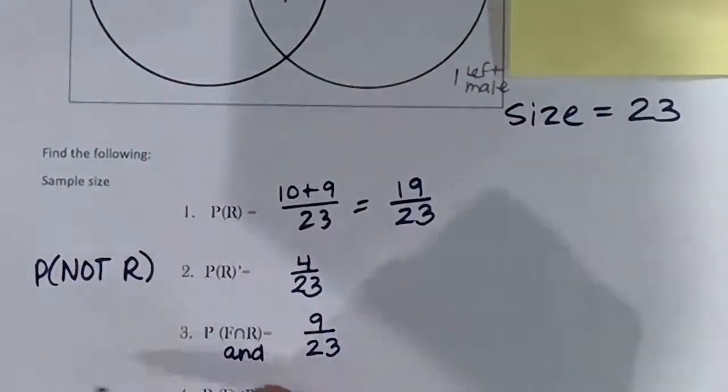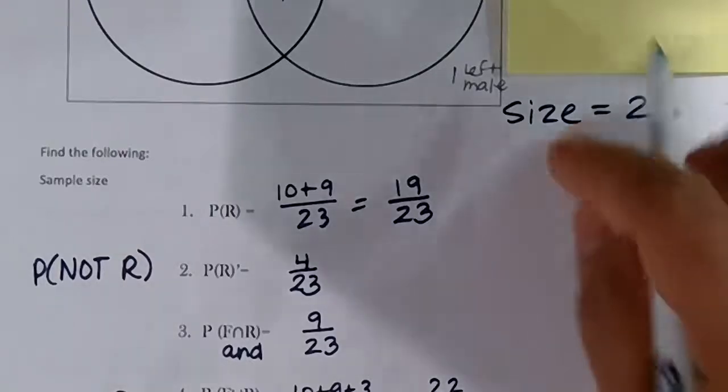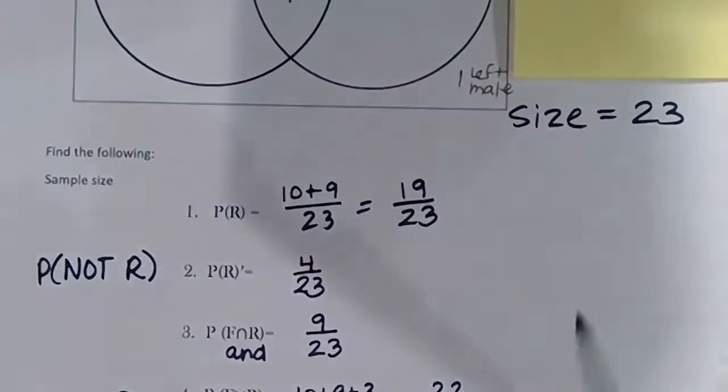Remember, female or right-handed is actually going to be female or right-handed. So it's the 10 plus 9 plus 3. Or everyone except the one. Okay, different ways to think about it.